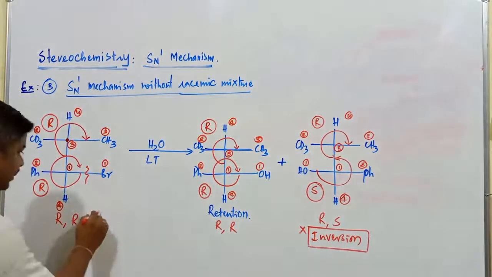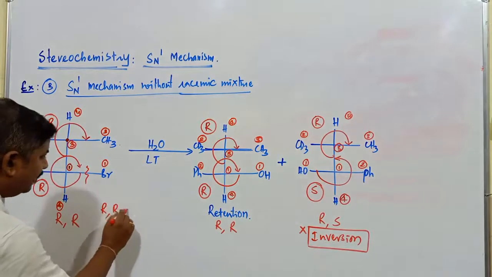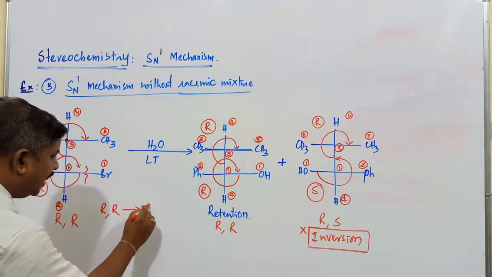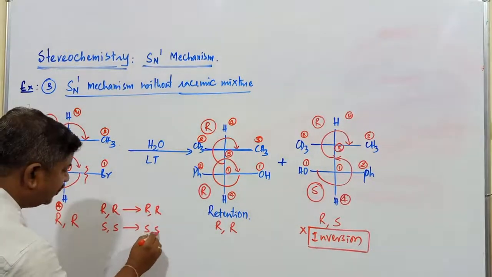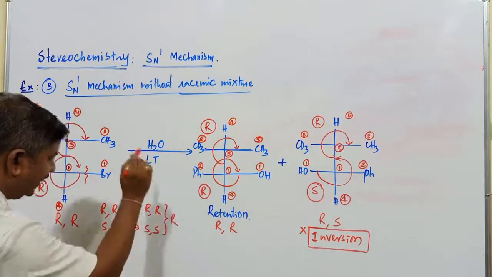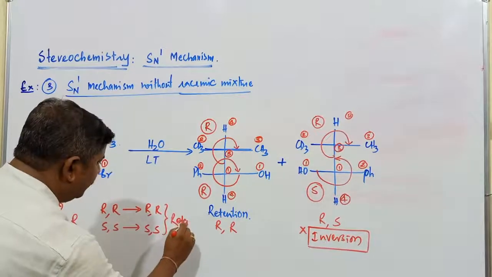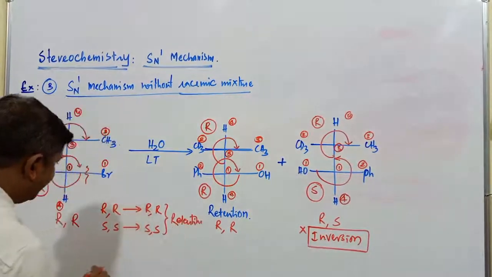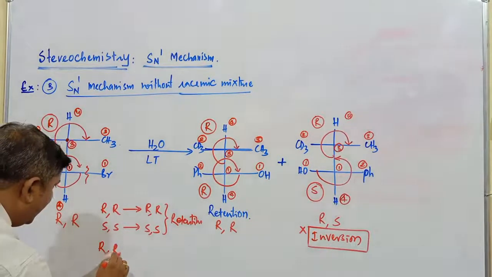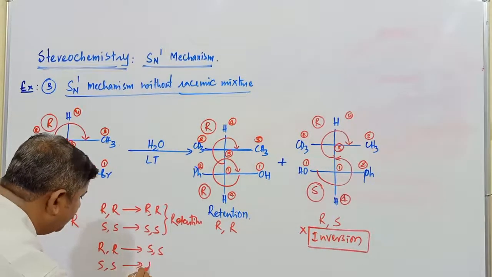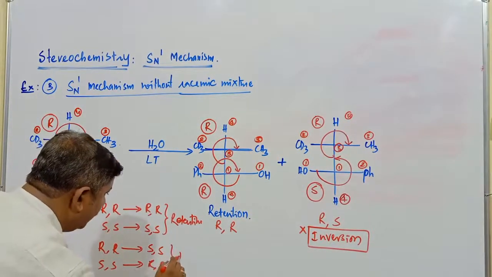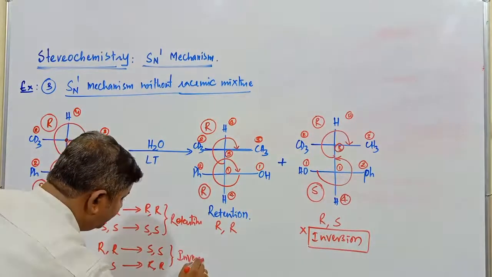Think clearly: R converted into R only, or S converted into S only, is commonly called retention. If R is converted into S, or S is converted into R, it is commonly called inversion of configuration.